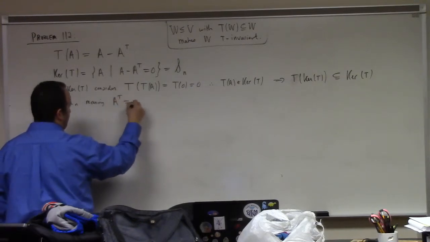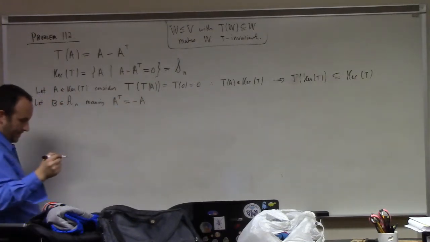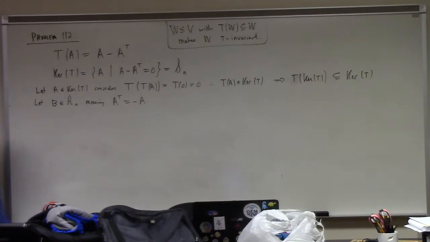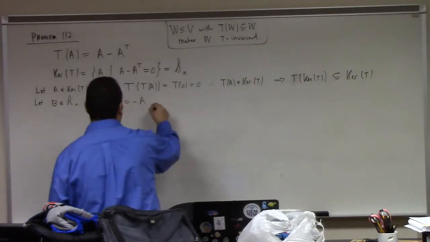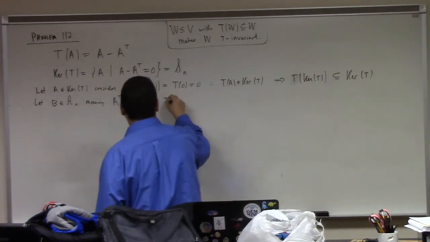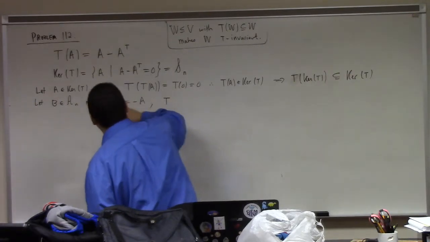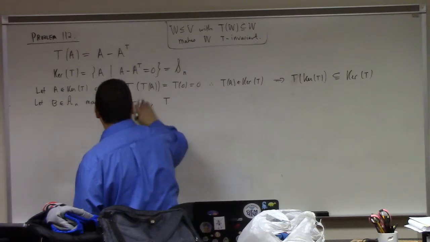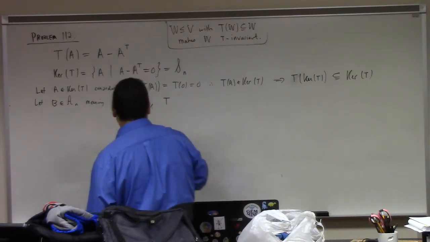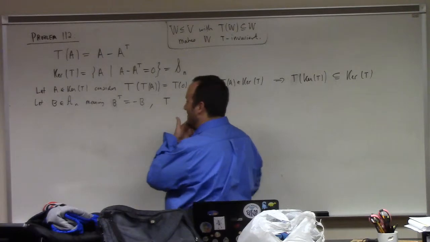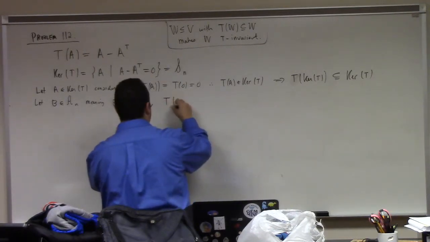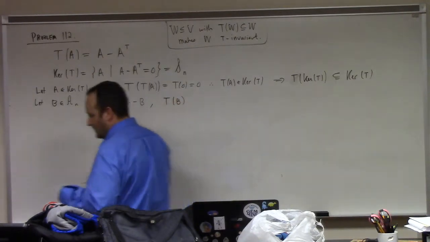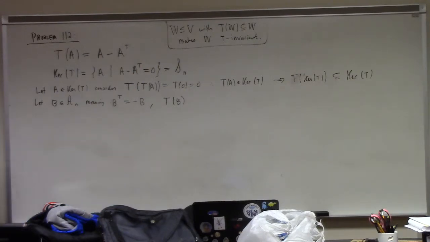A transpose is equal to minus A. So then consider T of B. I just said B and then I gave you a condition on A. So let B be an antisymmetric matrix, and if we look at T of B, I'm going to try to prove that the antisymmetric matrices are an invariant subspace for this linear transformation.